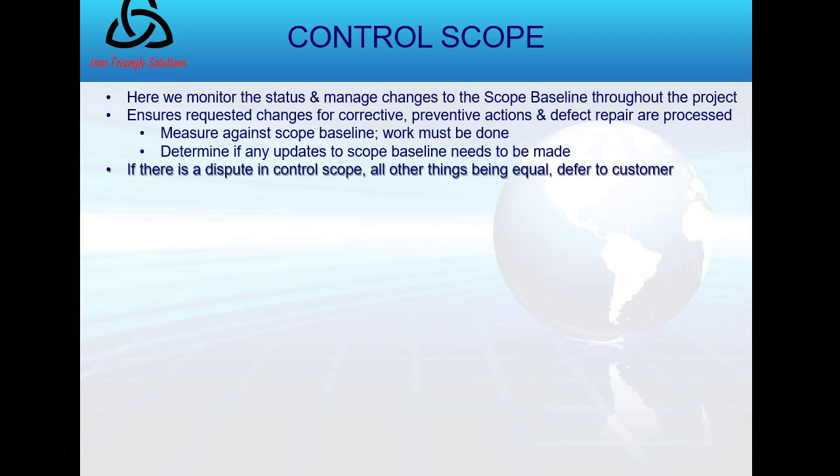So again, we're monitoring the status of the project. Are we keeping up with the scope baseline? And trying to maintain that baseline throughout the project. Controlling the project scope means that all requested changes and corrective and preventive actions are processed through ICC. And this is what control scope is going to do for us.